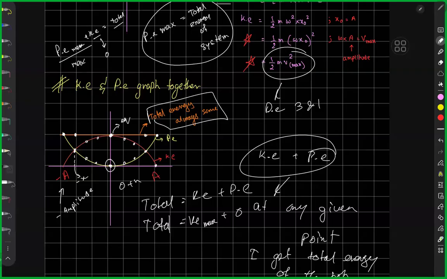So that means my potential energy maximum value is simply equal to the total energy. That is it. Very simple. So at these two positions where my potential energy is maximum, whatever the energy value is there, the potential energy directly equals the total energy of the system. And total energy remains constant throughout the journey.